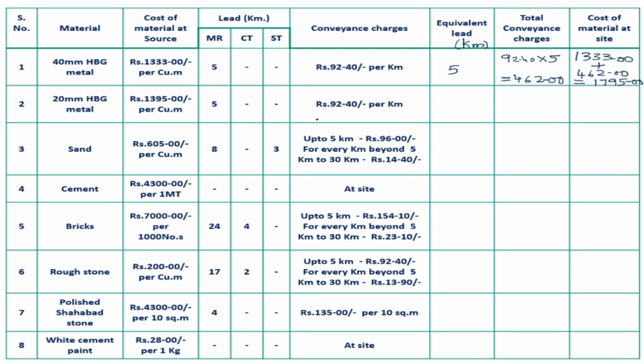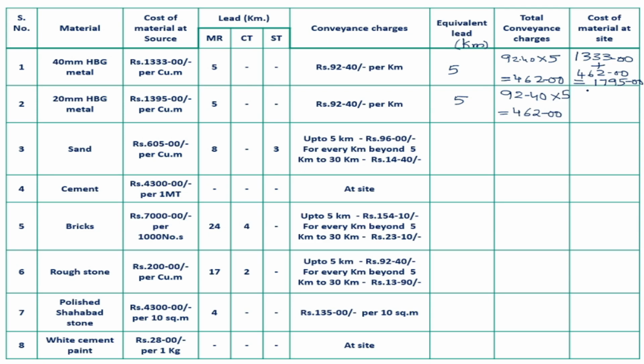1795 rupees. Second one is 20 mm HBG metal, and its cost at source is 1395 rupees, and it is also taken on a metal road, and its conveyance charge is 92 rupees 40 paisa per kilometer. So equivalent lead is 5 kilometers, which is equal to actual lead, and total conveyance charge is 92.40 into 5, also 462 rupees.